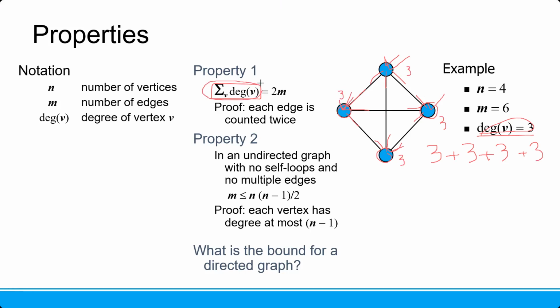Then the summation of the degrees will be 3 plus 3 plus 3 plus 3, and it equals 2 multiplied by m. What is m? m is the number of edges. So 2 multiplied by 6 means it is 12. So the proof is each edge is counted twice. So this one is counted and this one is counted.